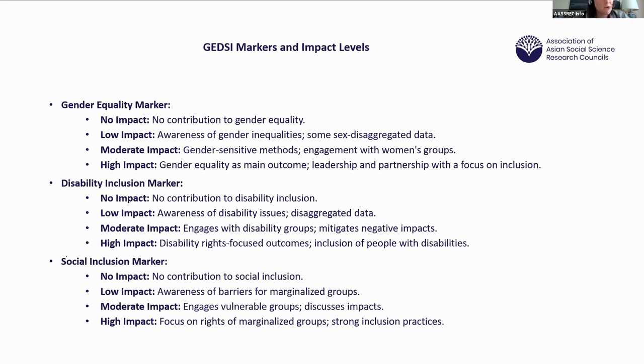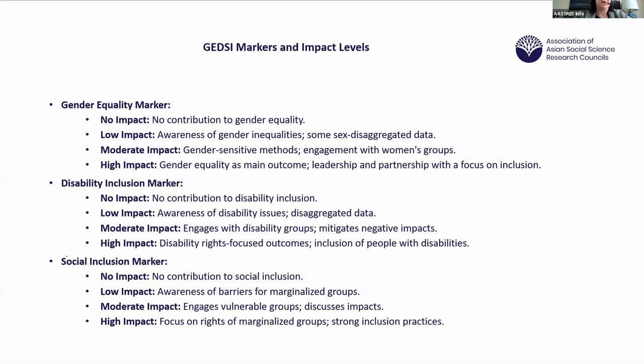So in terms of gender equality, this is a self-assessment. If your project doesn't contribute to gender equality, then you would select no impact, but you could select all the way up to high impact if gender equality is a main outcome and your leadership and the partners involved in your project are focused on gender equality.